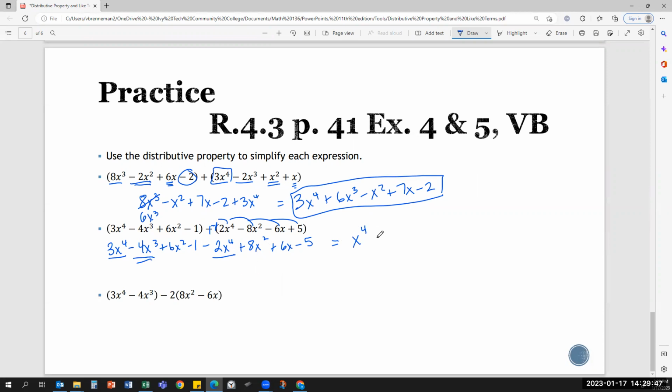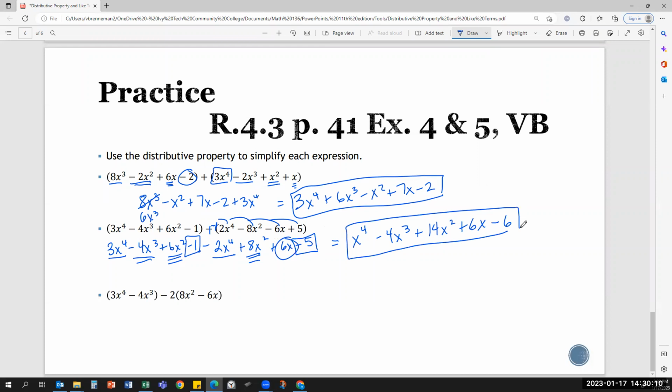There's not another x cubed, so minus 4x cubed. And then we have plus 6x squared and plus 8x squared, so a total plus 14x squared. And then we have a 6x plus 6x. And then there's a -1 and a -5 combined to get a -6.